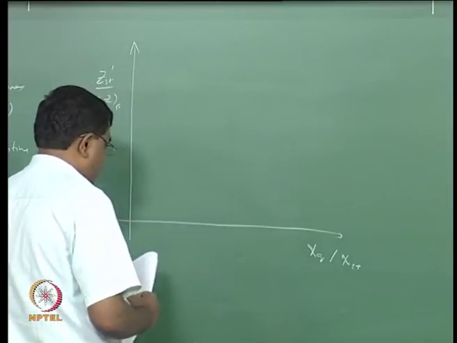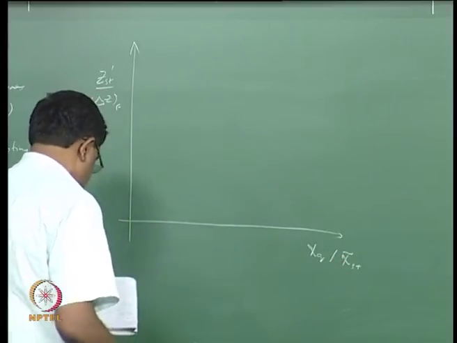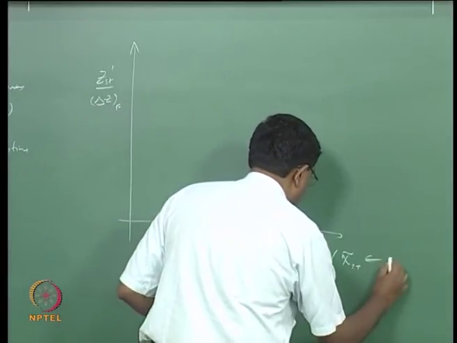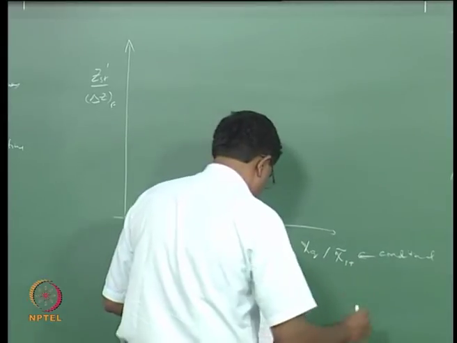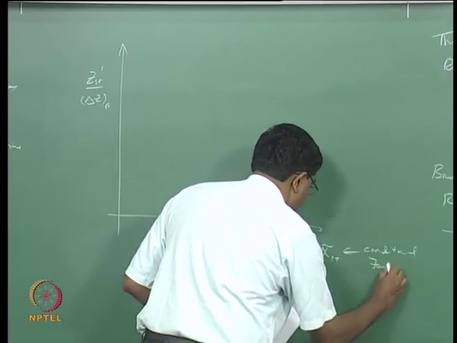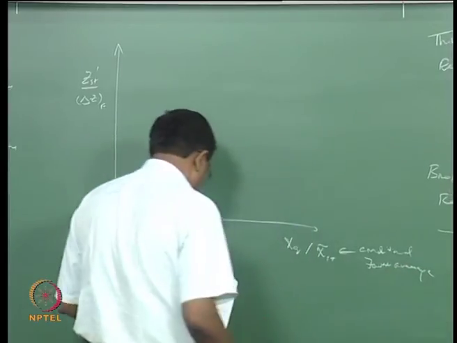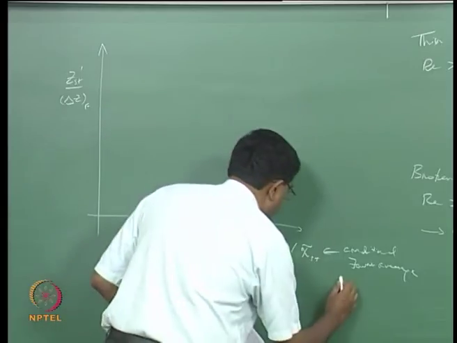Now strictly speaking, we have to actually average this to indicate a Favre average. In fact, this is what's called a conditional Favre average scalar dissipation rate.